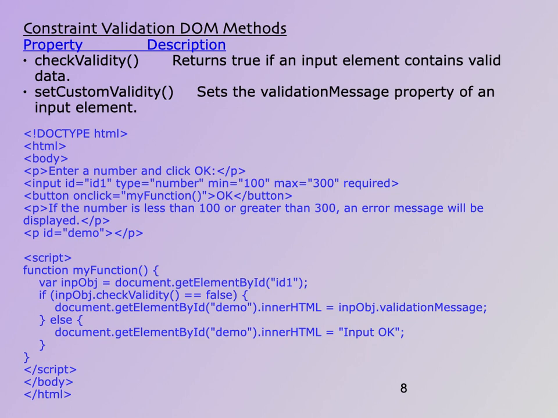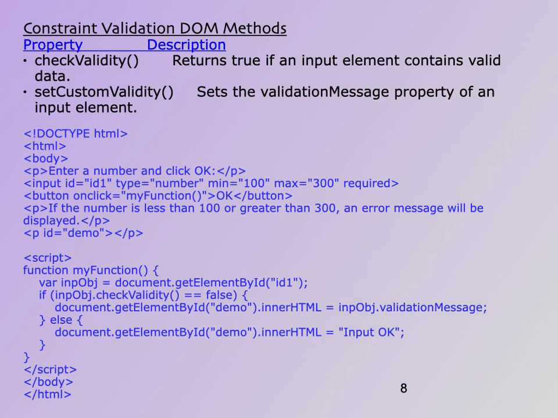These two values, 100 and 300, are also acceptable. If the value is less than 100 or greater than 300, an error message will be displayed. So the checkValidity method evaluates to false and the validation message will be updated. So this is how the constraint validation using DOM methods along with HTML attributes works.